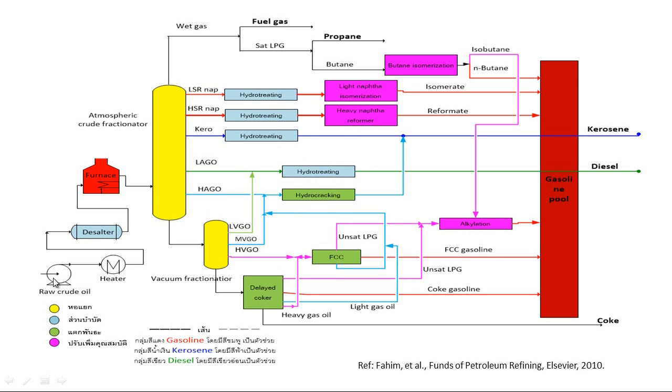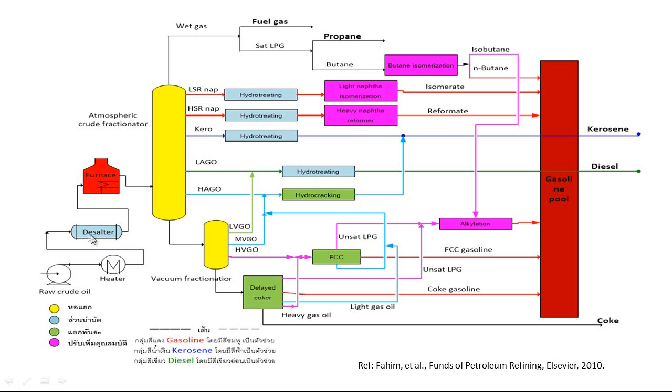Let's go through the process briefly. Crude oil, after being heated up, is passed to the desalter. This unit is to remove some moisture and also salts contained in the crude oil.